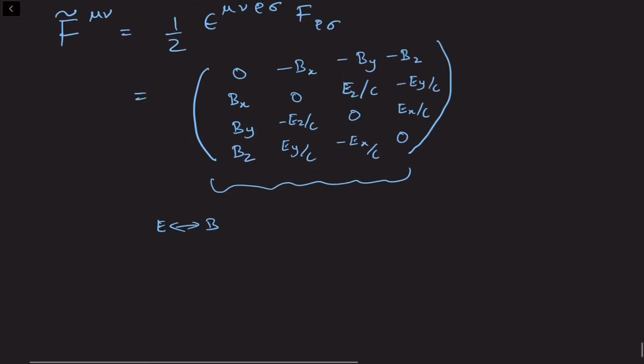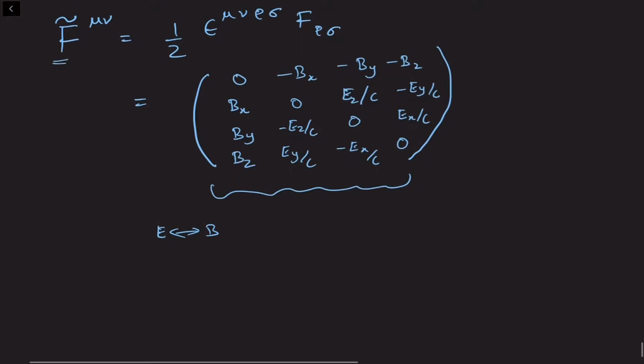Now that we've defined the field strength tensor and the dual field strength tensor, we can write down Maxwell's equations using these tensors. One more thing that we'll need before we do that is to know how rho and J transform under Lorentz transformations.